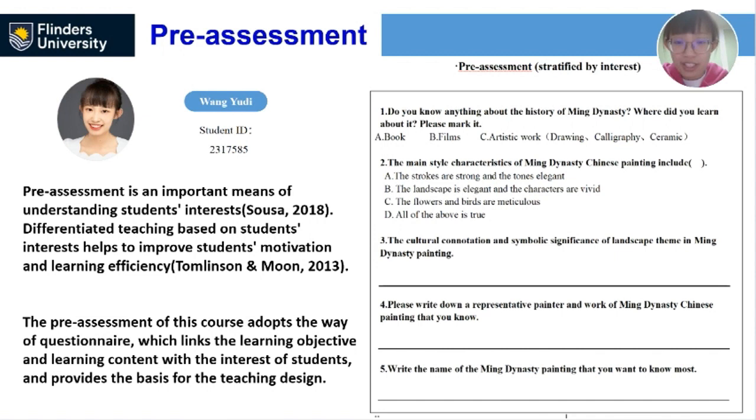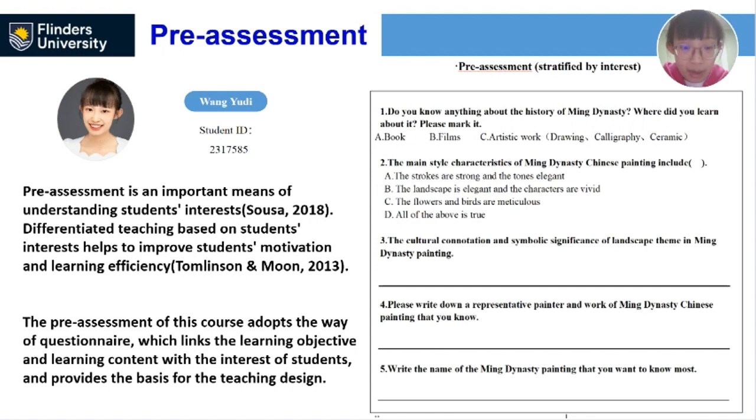The first question is, do you know anything about the history of the Ming Dynasty? Where did you learn about it? Please mark it. The second question is, the main style characteristics of Ming Dynasty Chinese painting include, and you can choose. 3.